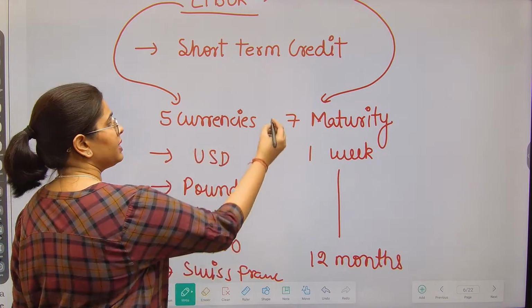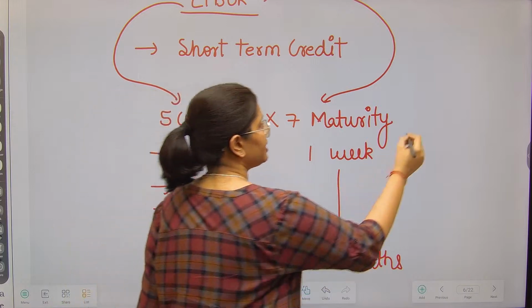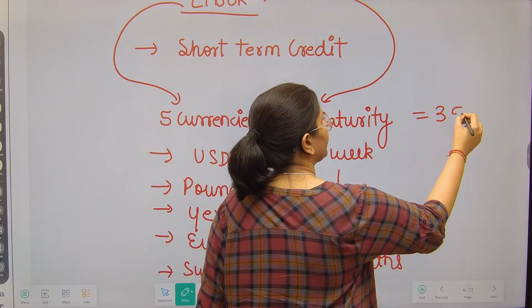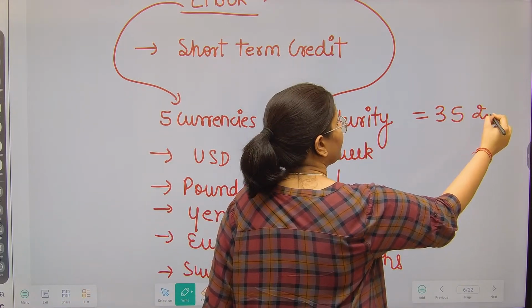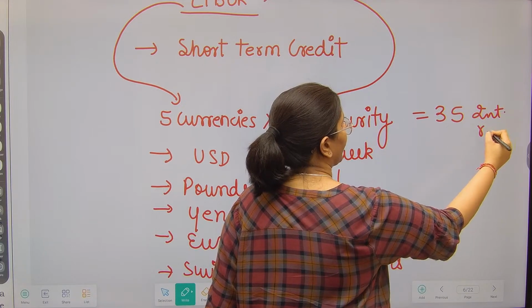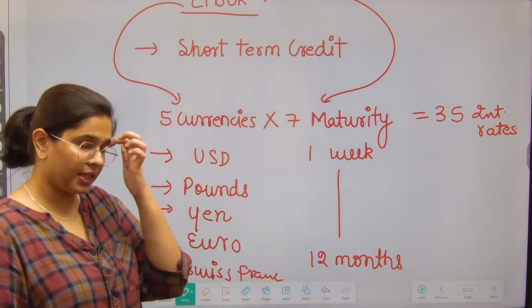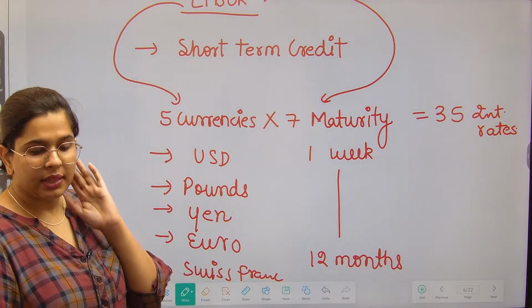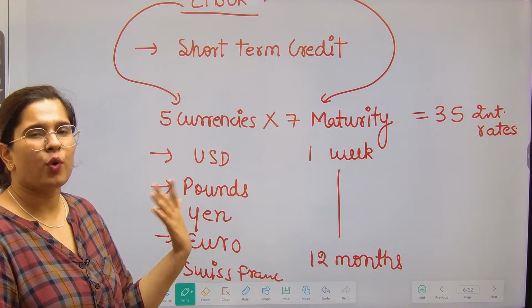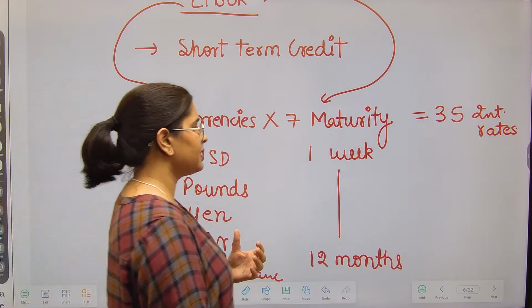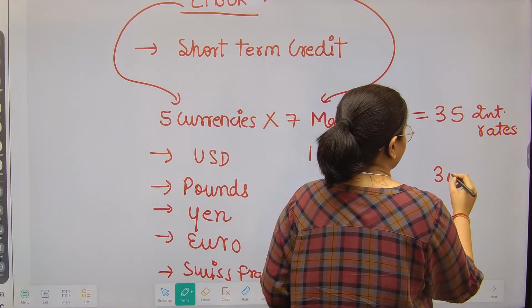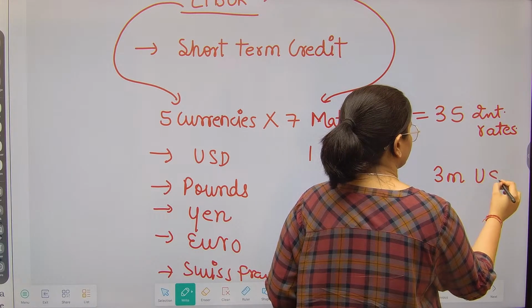Now 5 currencies, 7 maturities, that means there are 35 interest rates that are provided. For example, the most quoted, meaning most used, out of these is 3 months US dollar.